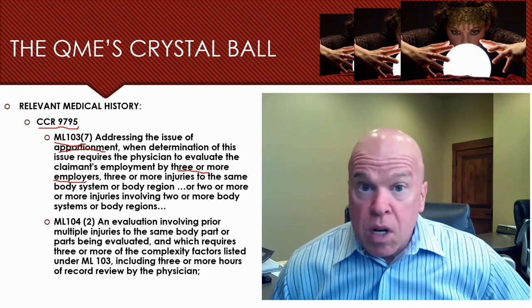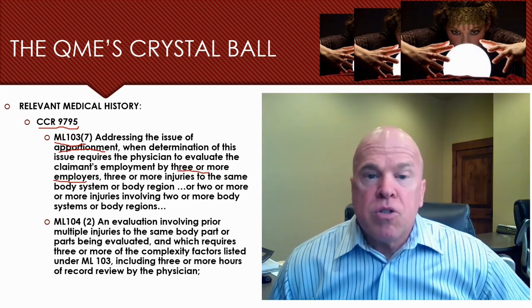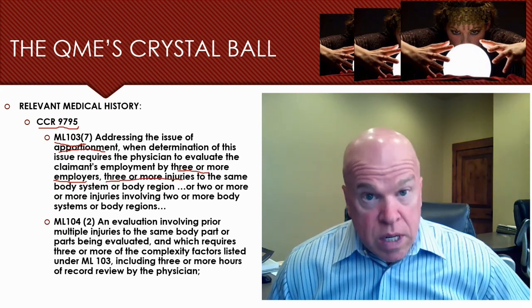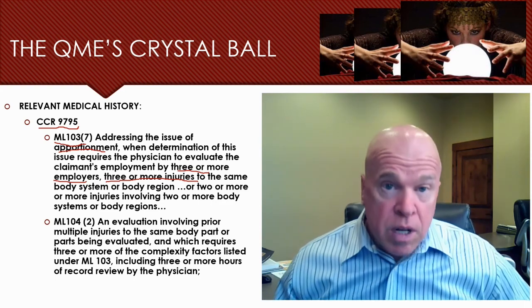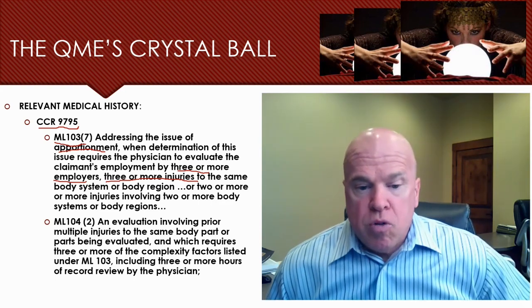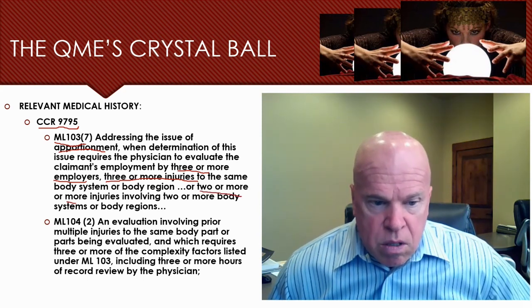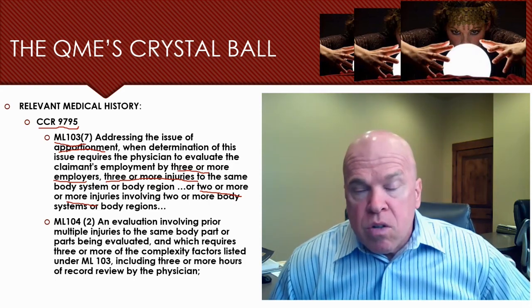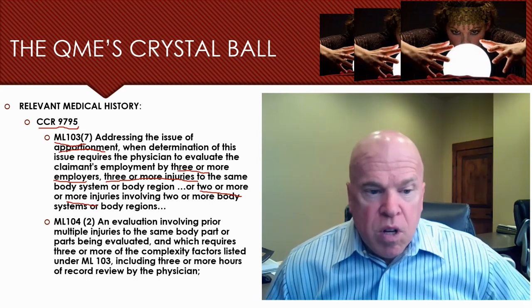Thus, it's critical to have accurate history relating to the examinee's employment with prior employers, and also when evaluating three or more injuries to the same body system or body region as involved in the current claim for industrial injury, or when evaluating two or more injuries involving two or more body systems or body regions the same as involved in the current claim for industrial injury.